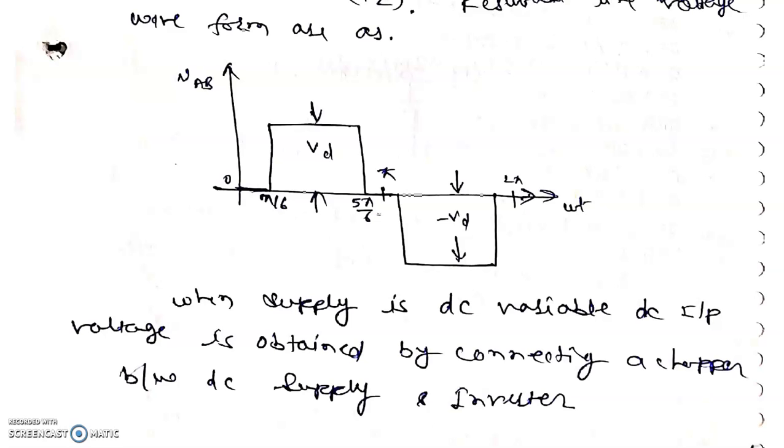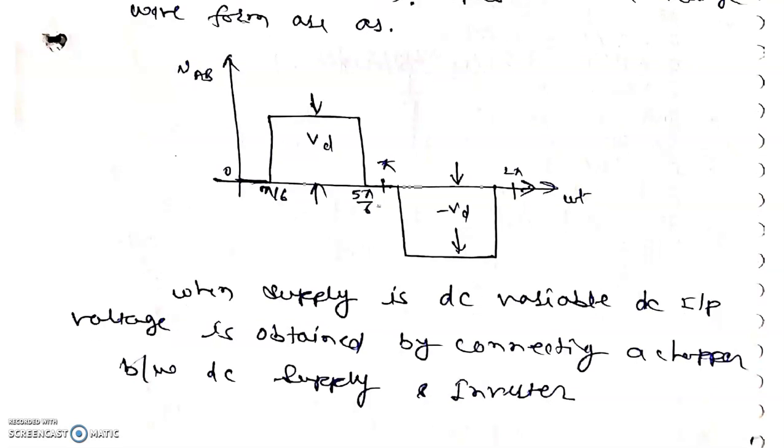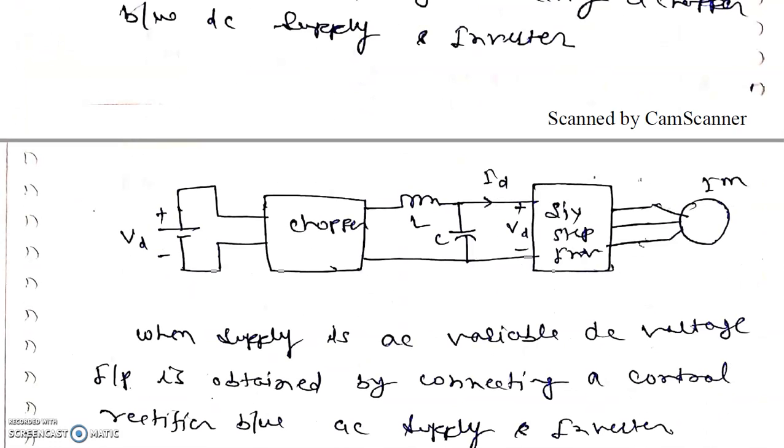We can get it using a chopper between the DC supply and the inverter. A chopper is a DC-DC converter which converts a constant DC voltage to a variable DC voltage. So if we insert a chopper between the DC supply and the inverter, we get the variable DC voltage.